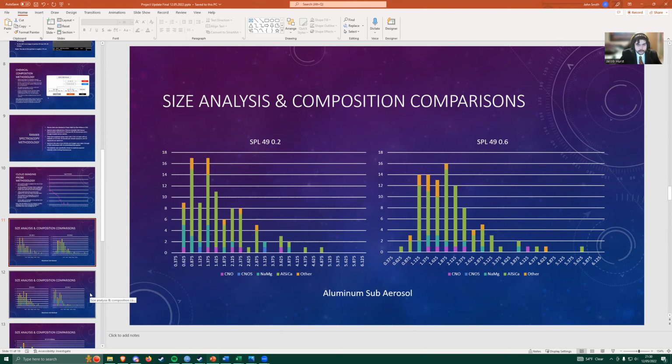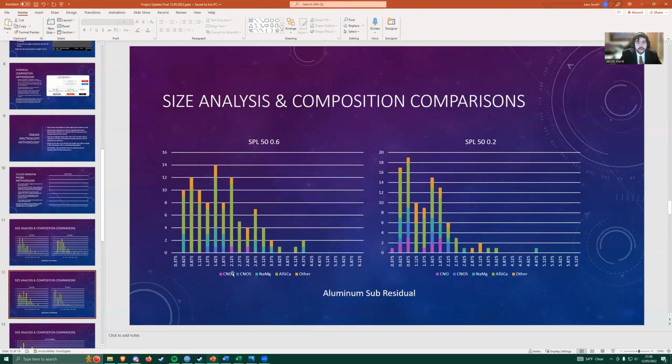So we'll go down here now to look at an aluminum substrate sample that is a residual sample, right? Which is just obtained differently, like I mentioned earlier. So what we can see here is, once again, it's predominantly this aluminum, silicon, calcium, right?